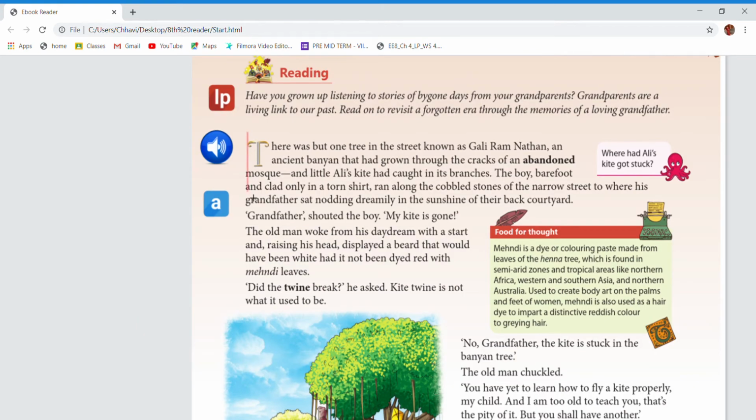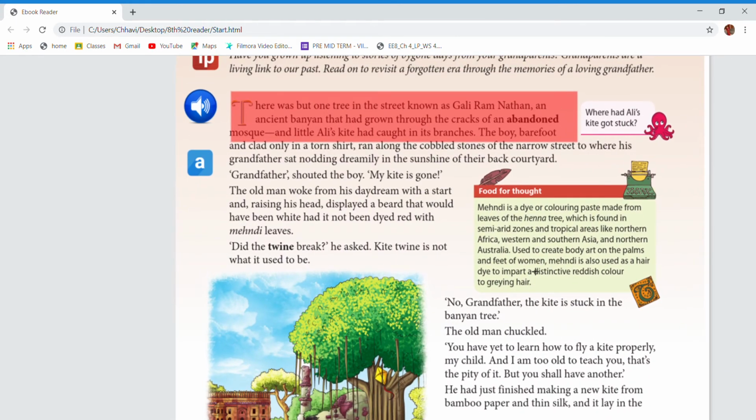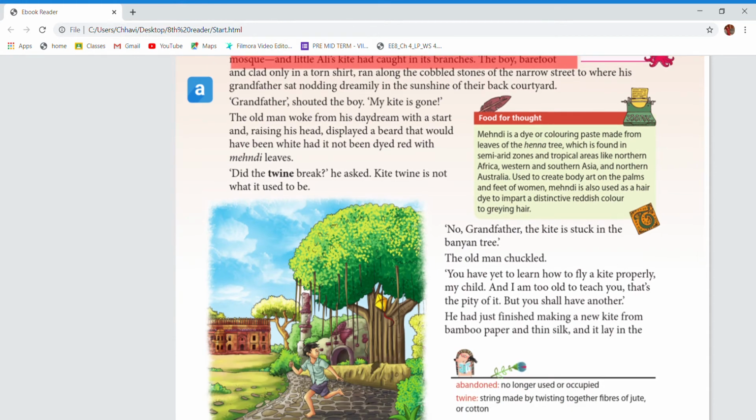There was but one tree in the street known as Gully Ram Nathan, an ancient banyan that had grown through the cracks of an abandoned mosque, and little Ali's kite had caught in its branches. So the story begins with the introduction of this banyan tree, as you can see in the picture, situated in this street, the road known as Gully Ram Nathan, and it has grown through this abandoned mosque.